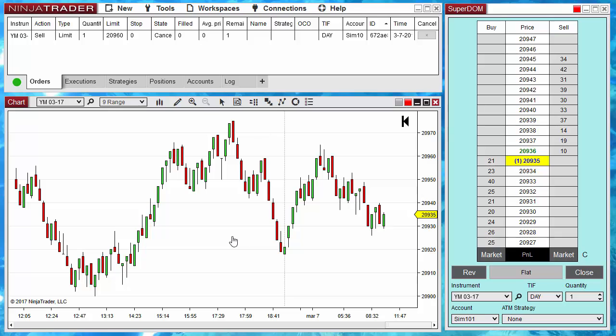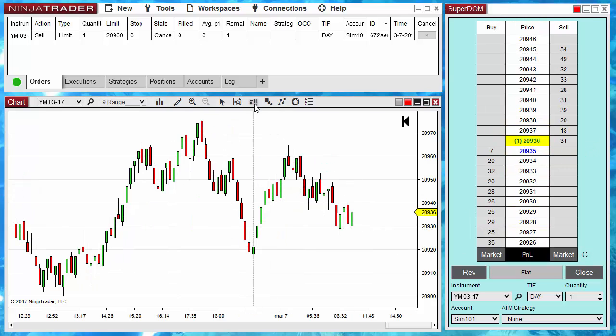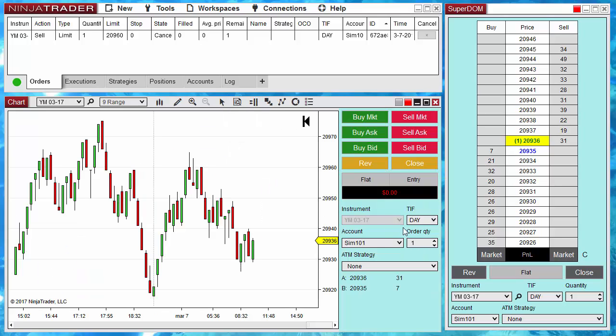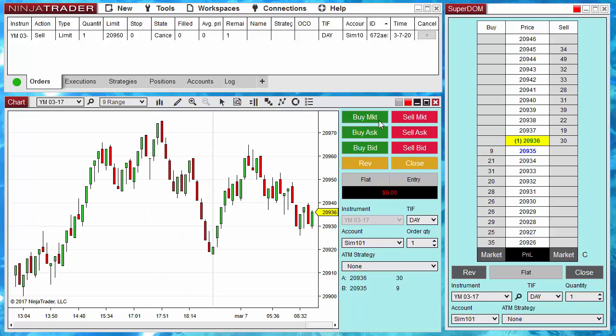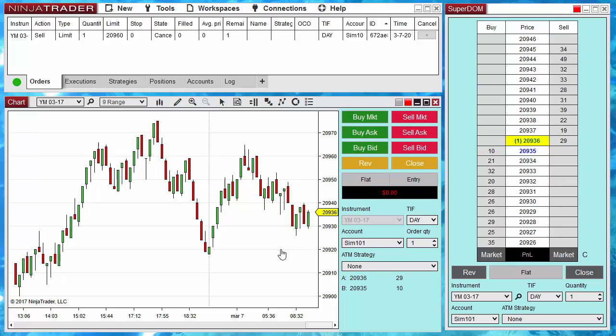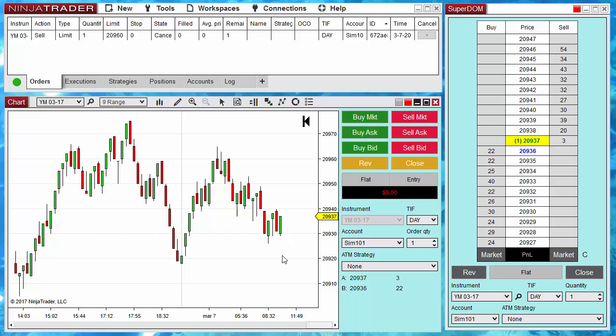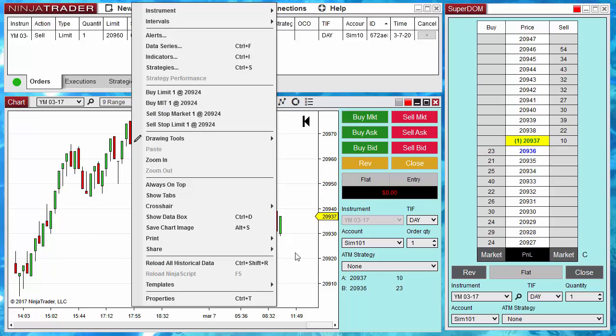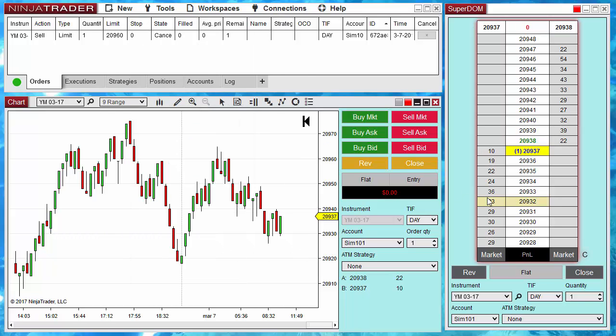We can place orders from the chart and from the DOM. If we enable chart trader on the chart, then we have several options to execute orders at market. We can buy at market, sell at market, and also we can use the right mouse button to place orders on a different price.